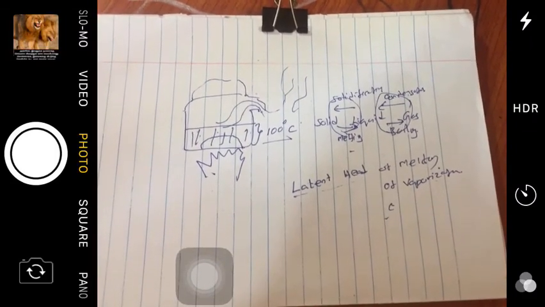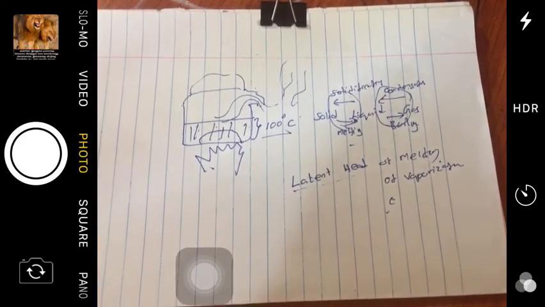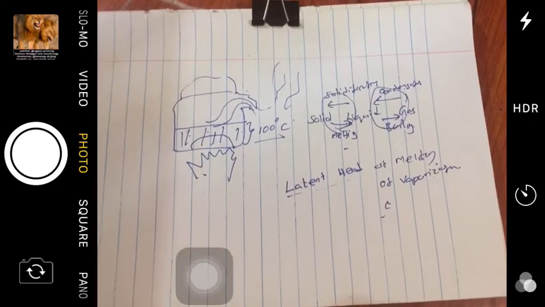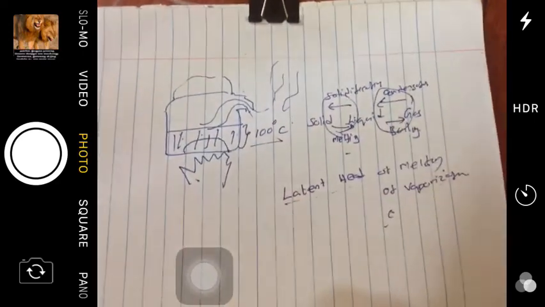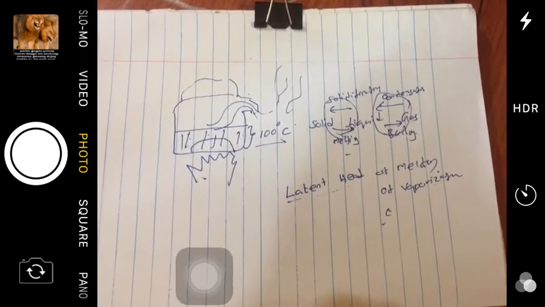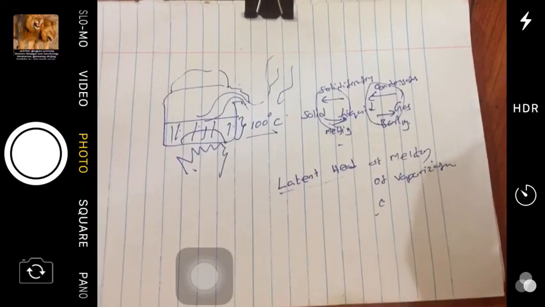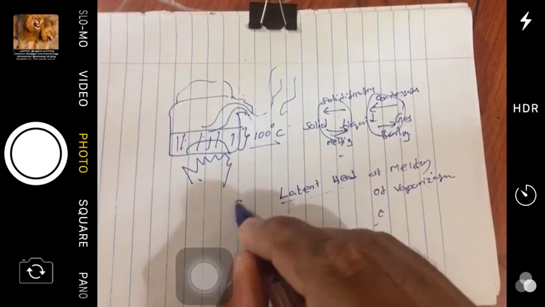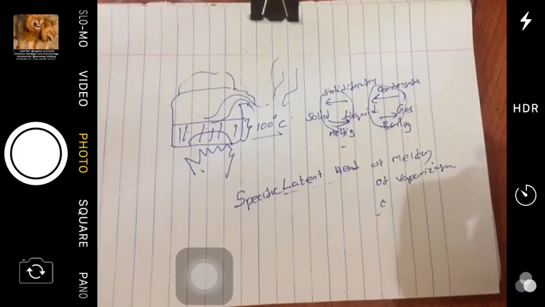Now how we are going to define this latent heat, that's the next question. When you're defining latent heat, it's basically the energy required to change the state of that substance. But there we don't just define latent heat, we straight away define specific latent heat.